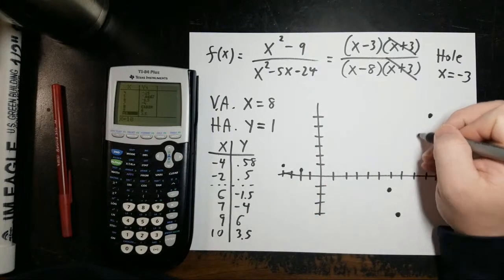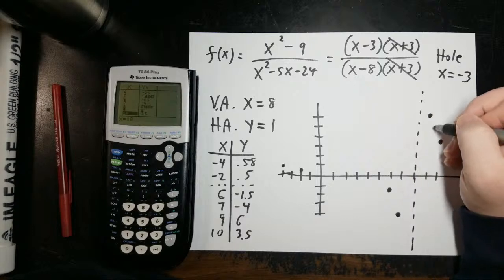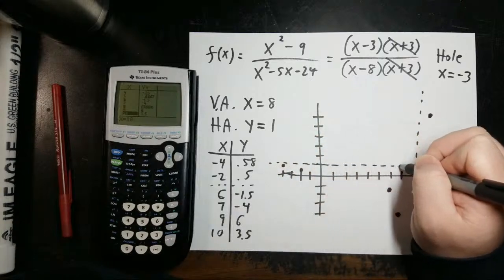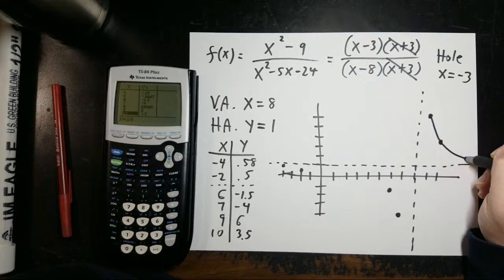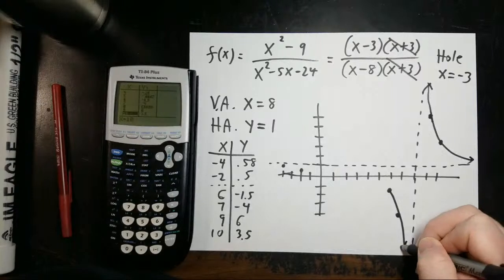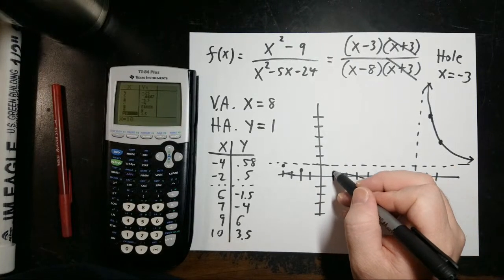Let's put that vertical asymptote. And you can see these things are going to be curving like they should. There's the horizontal one at y equals 1. Now this is going to be strange because this thing is basically going to flatten out like this.